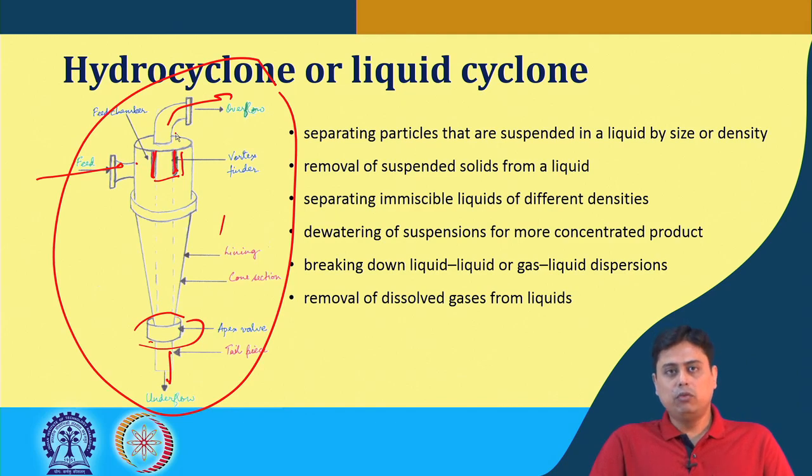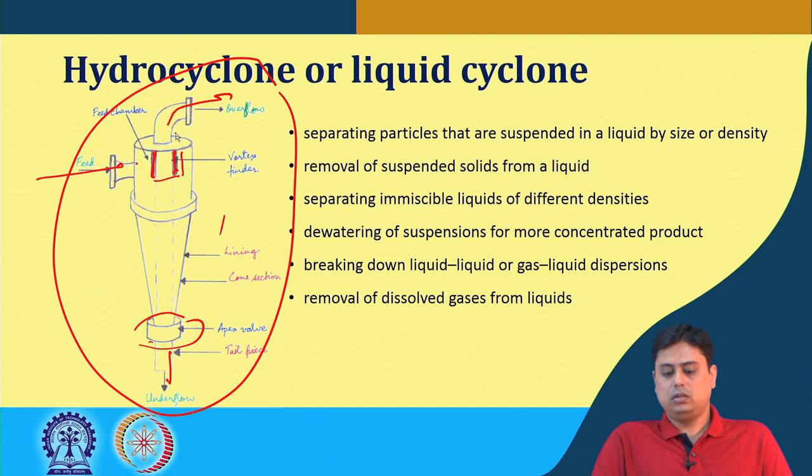Overall, the removal of suspended solids is also done with these hydrocyclones. It is also used for separating immiscible liquids of different densities. It is used in dewatering of suspensions to make a more concentrated product, as a demulsifier, or for breaking down liquid or gas-liquid dispersions.